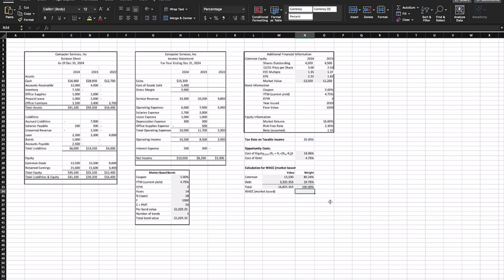Now it is time to calculate WACC. So all you need to do is we have our weighted averages already calculated here. So we just take that weight average times our CAPM, and then we add that to this, the debt, or RD, and then we times that by the cost of debt, and we times this by 1 minus the tax rate.